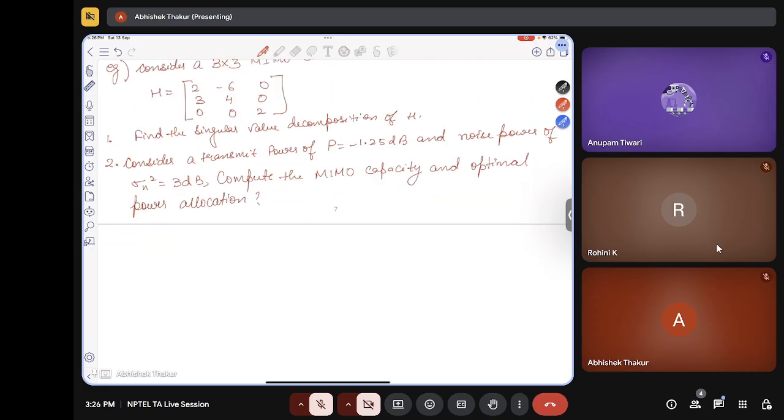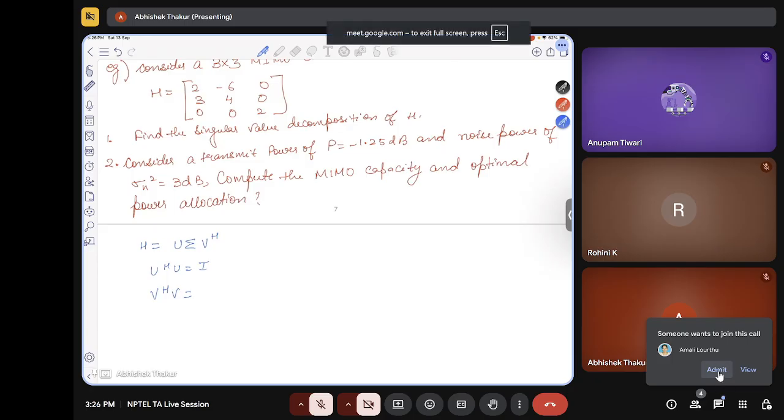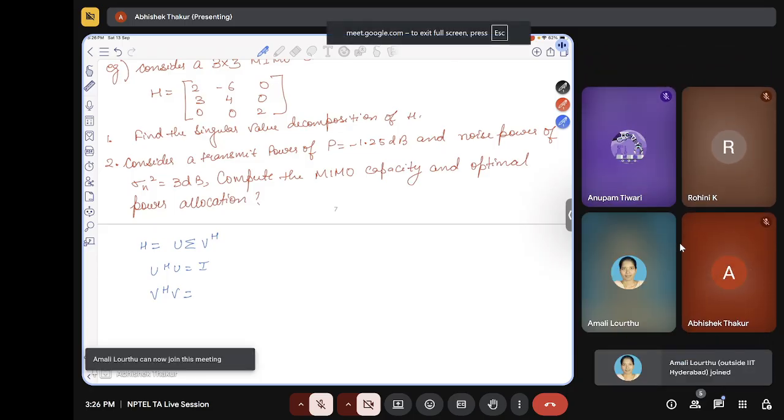Okay. So first what we will do, we will find the singular value decomposition of H. So H is equal to U sigma V Hermitian. And what is the property of the U matrix? U Hermitian U will be the identity matrix. And similarly, V Hermitian V will be the identity matrix.